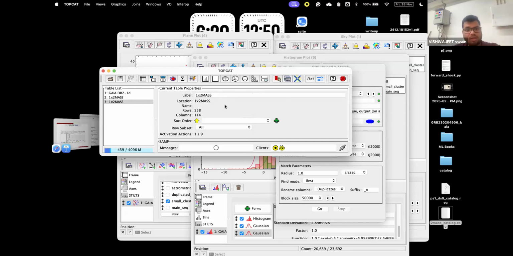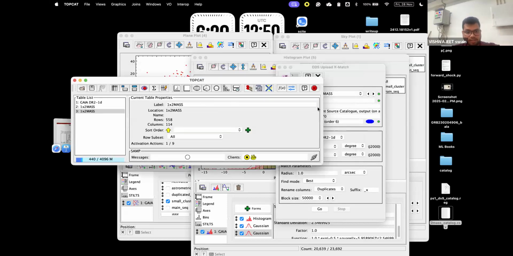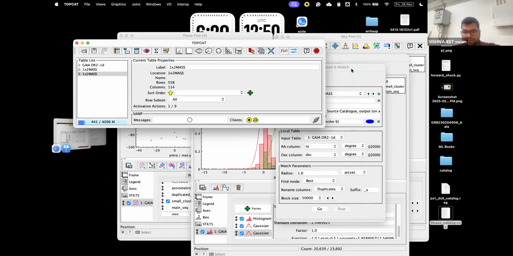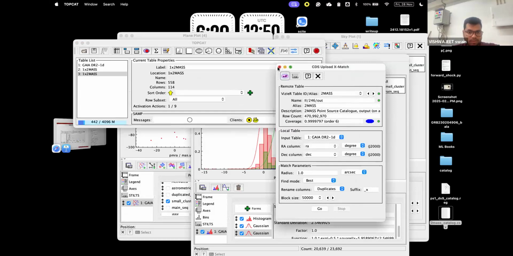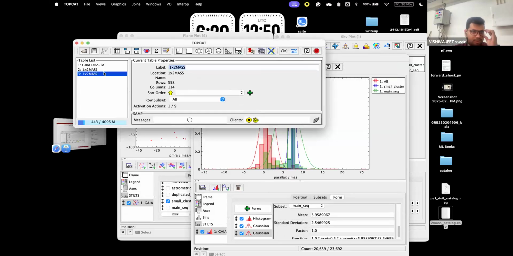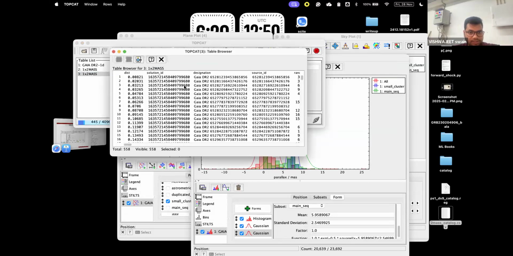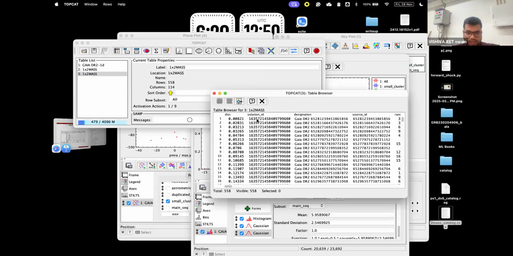So let's do the cross matching. This table now contains all the sources which are present in both catalogs. Here you can see the table, and the total value is 558.